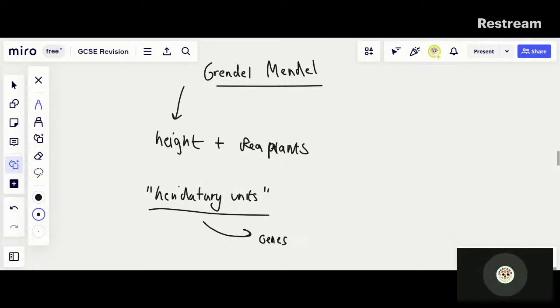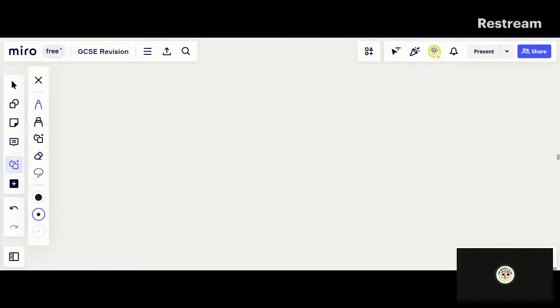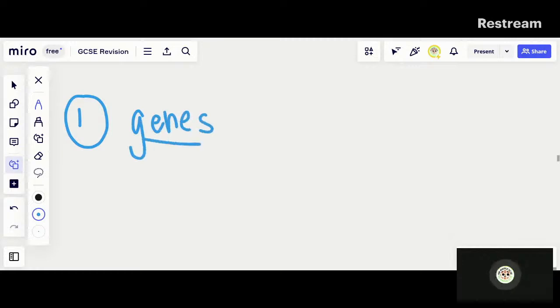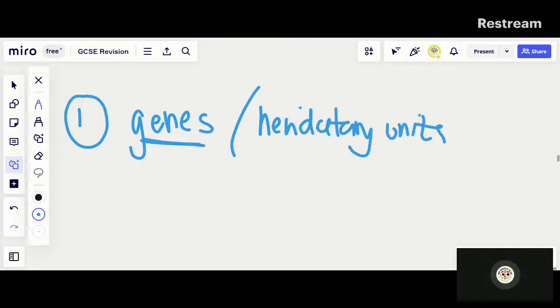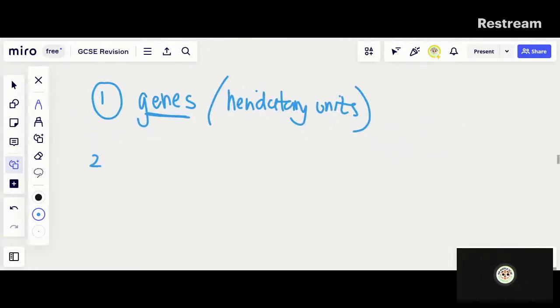Now, Mendel was really important because from Mendel's work, we reached three really important conclusions. Number one, characteristics in plants were determined by what, at that time, we referred to as hereditary units. But it was important, no matter the name, that characteristics were determined by these genes or hereditary units.